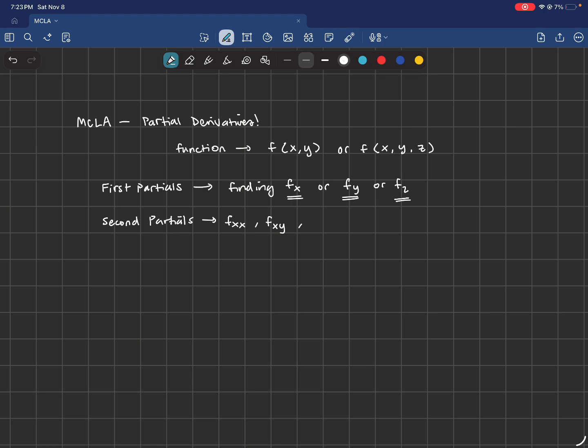And then you would need to find the derivative of f_y with respect to y, and then the same thing but with respect to x. And we also know that these two are equal because of Clairaut's theorem.